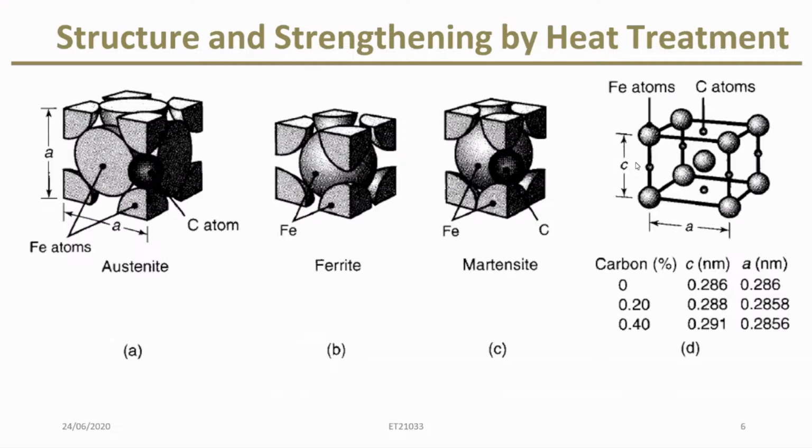Then there is the structure and strengthening by heat treatment. Think of austenite as the high temperature parent that we create on purpose so we can transform it into what we want. Its crystal structure is FCC, which has lots of slip systems. FCC means face centered cubic.